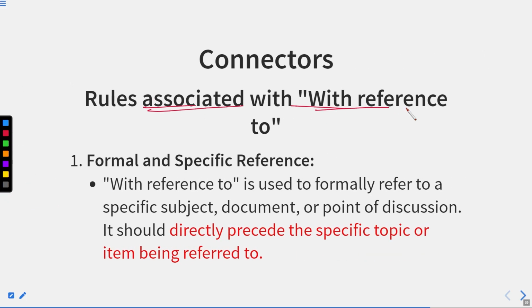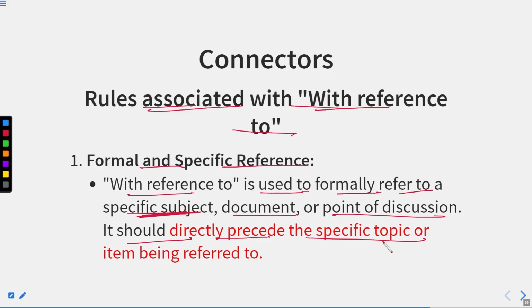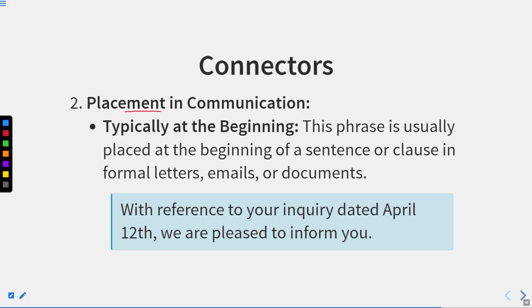Now, rules associated with "with reference to." Formal and specific reference. "With reference to" is used to formally refer to a specific subject, document, or a point of discussion. It should directly precede the specific topic or item being referred to. Placement in communication, typically at the beginning. This phrase is usually placed at the beginning of a sentence or in a clause of formal letters, emails, or documents.